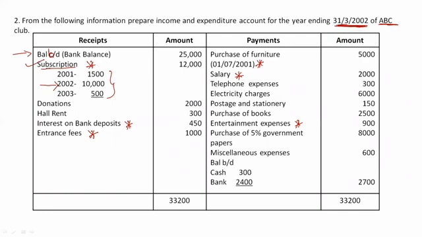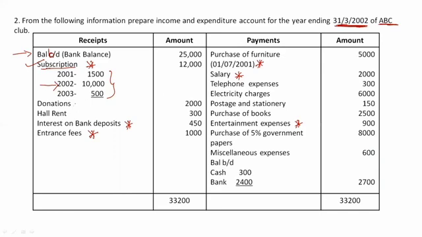Then donations, rupees 2,000. Again I told you donations are one of the main sources of income for an NPO, so it's a revenue item. If only donation is mentioned in the question, then it's a revenue item.